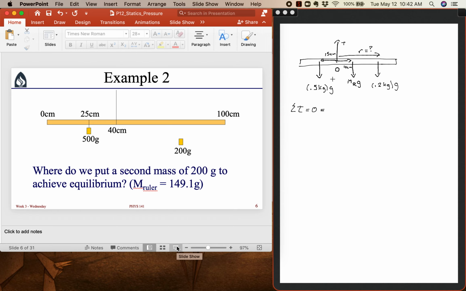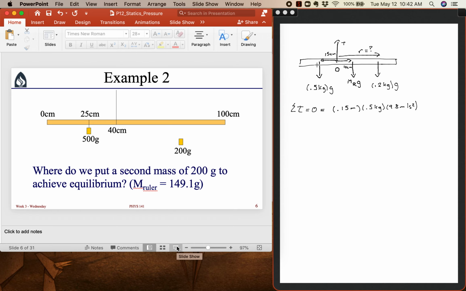So let's start with this force here. The moment arm for that force is 15 centimeters or 0.15 meters. And then the amount of force is 0.5 kilograms times 9.8 meters per second squared. That's the weight.